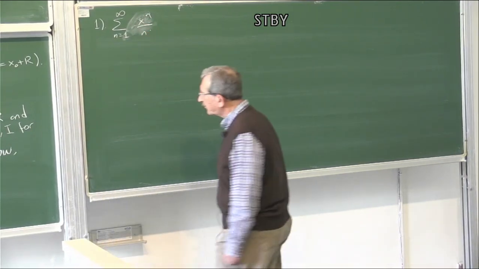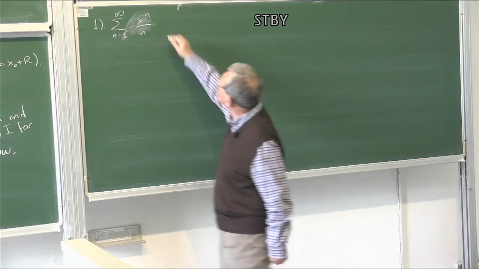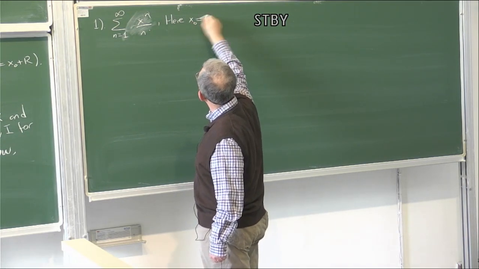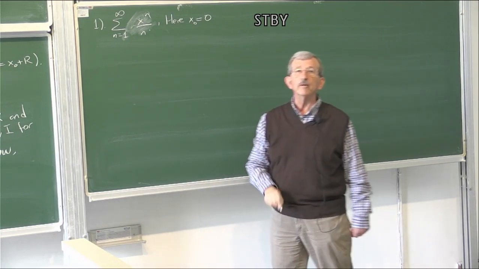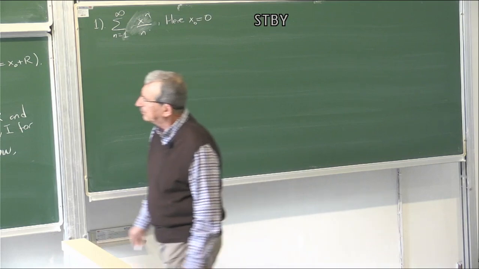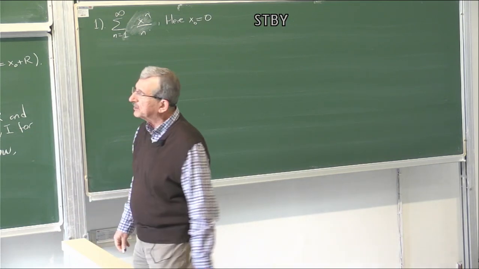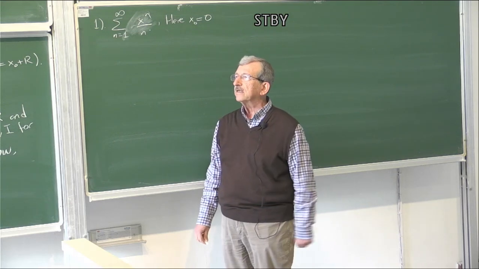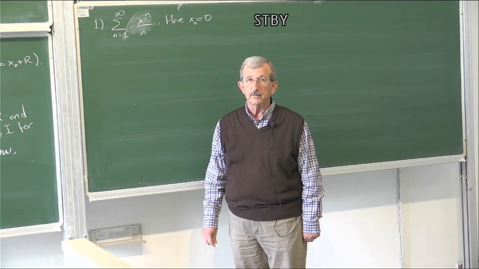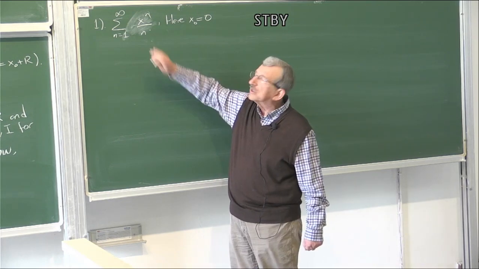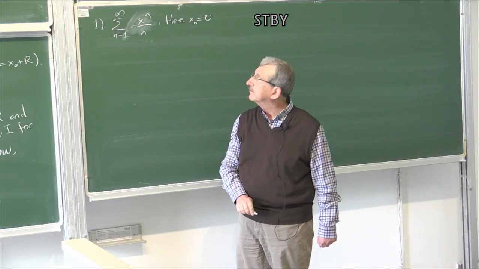Now, clearly, this is a power series. x0 is 0. And we want to determine when this series is convergent. Note that we regard x as a constant here. It's a given number. And when is such a series convergent?